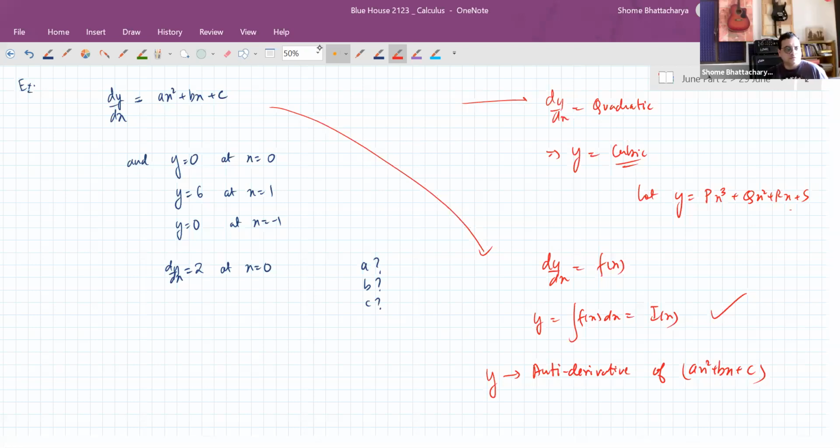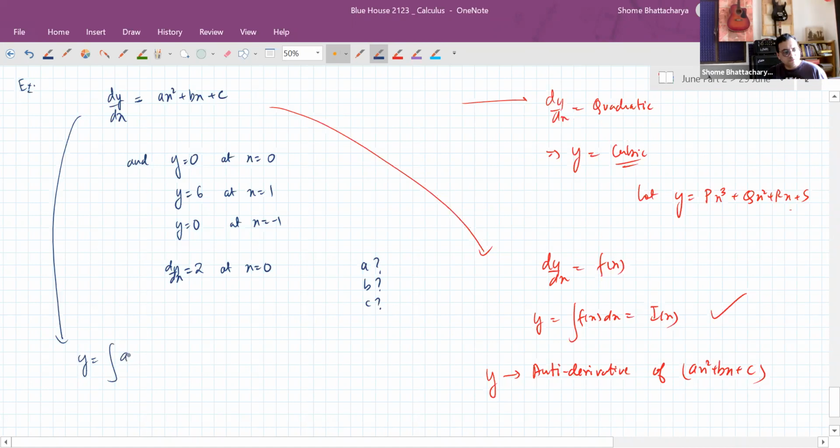Okay, so yeah, very good. Let's work this out. So let's start with the step that y is integration of ax square plus bx plus c.